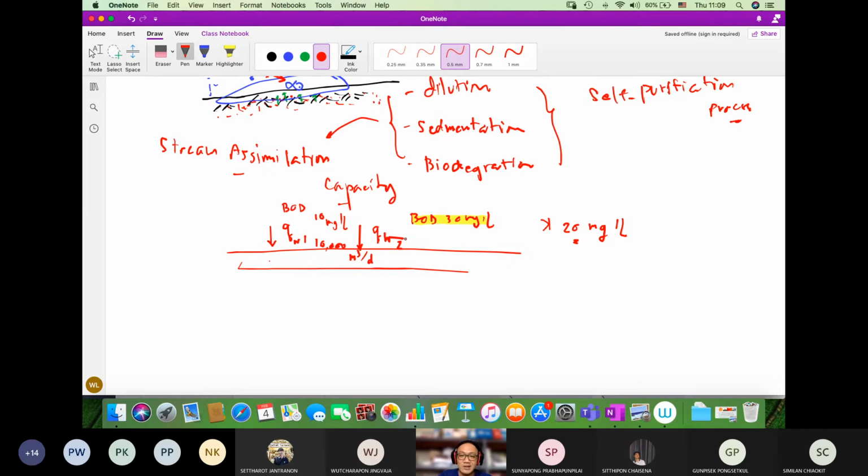But the second source discharges waste with a flow rate of just 1,000 cubic meters per day. So which source would create the higher pollution load?